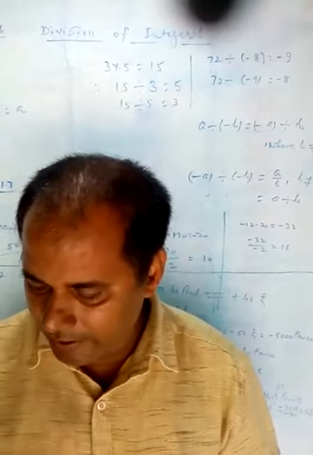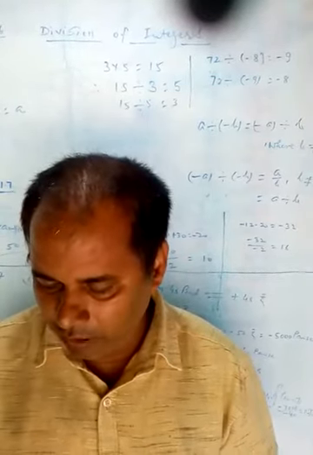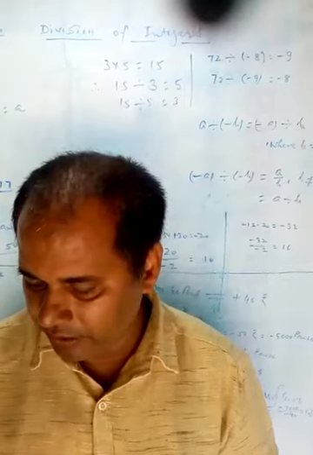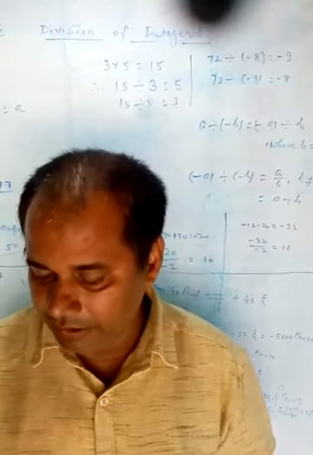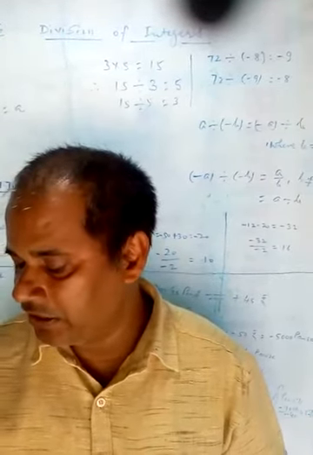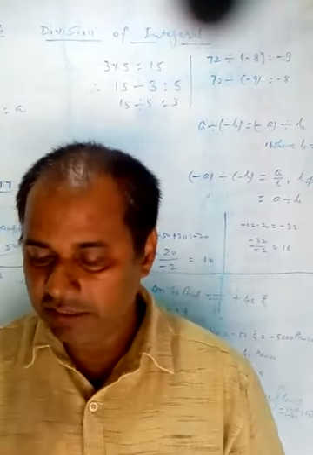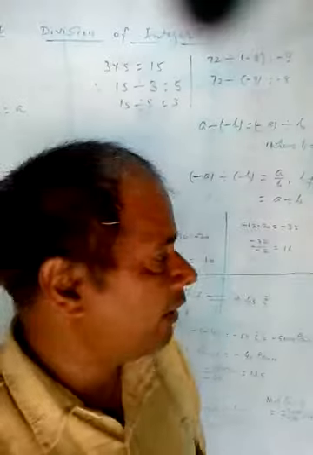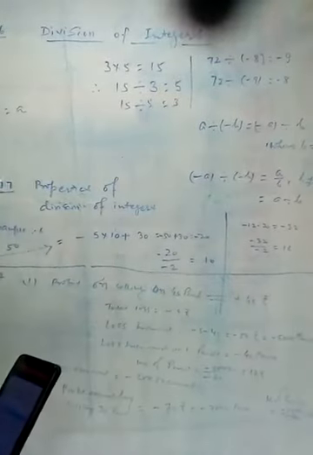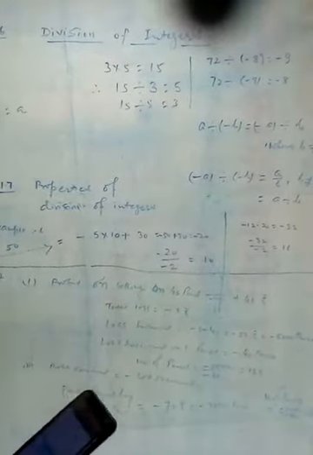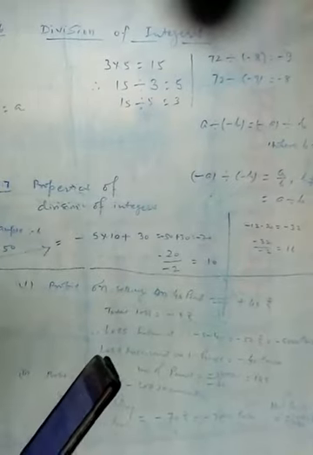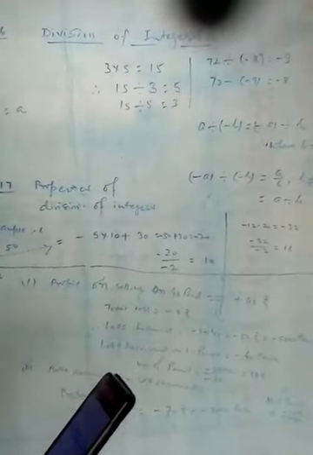This shows that a negative integer divided by 1 gives the same negative integer. So any integer divided by 1 gives the same integer. In general, a divided by 1 is equal to a.